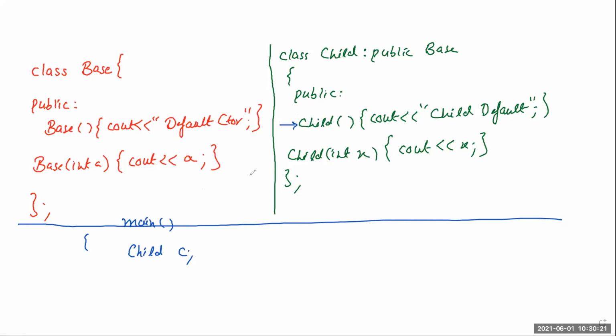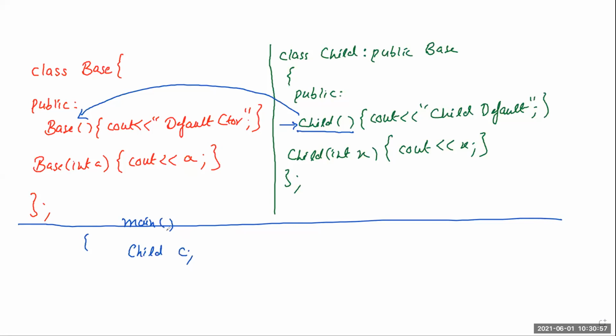Now, in case of inheritance, whenever you create an object of the child class, in this case using this constructor, it will come here, but before executing the body of this constructor, it will first call the default constructor of the parent class. The default is important: whenever you make an object of the child class, before calling the constructor of the child class, your program will first call the default constructor of the base class.